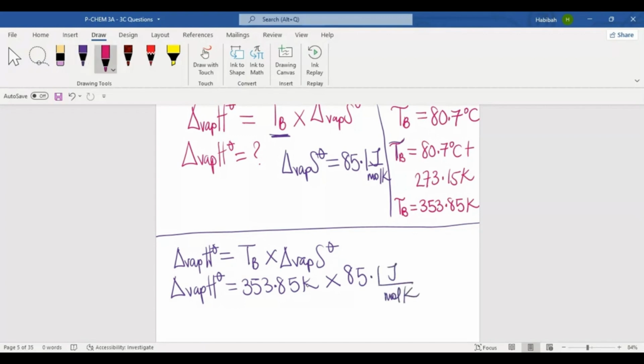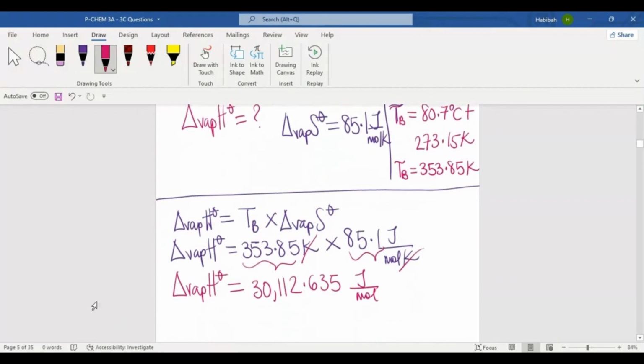When we put that in the calculator, we get 30,112.635 joule per mole. So that's basically how it's done.